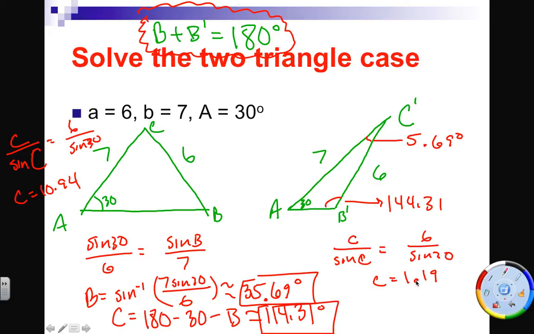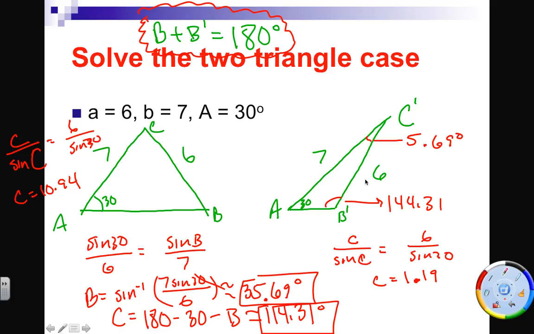And here's where you got to pay attention to what you're doing. Do these triangles make sense? So is the largest angle across from the largest side? C is 114 across from 10.9. The smallest angle being across from the smallest side. Looks like everything kind of lays out correctly here. So you just got to be careful.